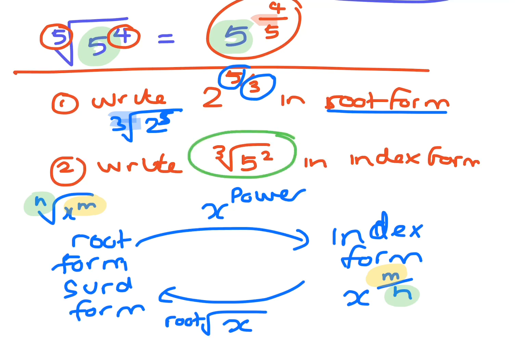When you do the next one, 5 is the number, 3 is the root, so it's down the bottom. At the door is on the floor, and this 2 here is at the top, because what's on top stays on top. So the 3 goes down the bottom, and the 2 goes to the top.